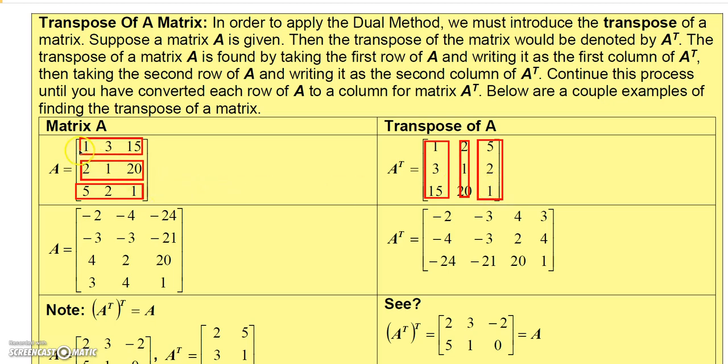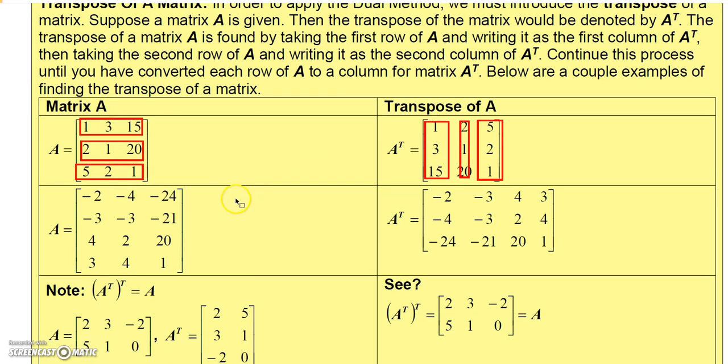Okay, so basically you just convert the first row to the first column, the second row becomes the second column, the third row becomes the third column, and so forth. And so that's how you find the transpose of a matrix. And the little t as an exponent represents the transpose of the matrix A. So here's another one. Notice here the first row is -2, -4, -24.